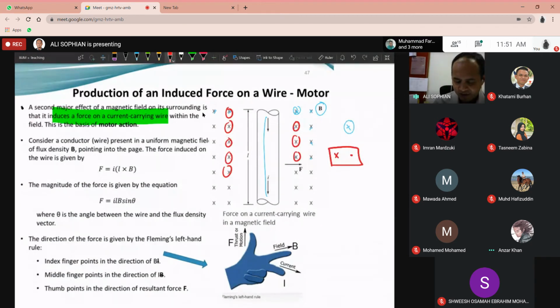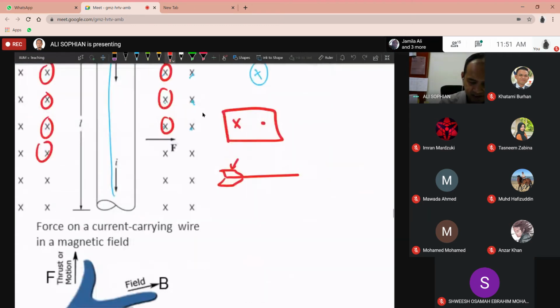If you remember, it comes from an arrow. An arrow with 4 fins, if you like. If you look at the arrow from this side, with 4 fins, then what will it look like?